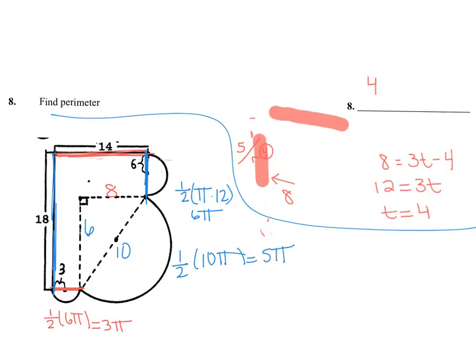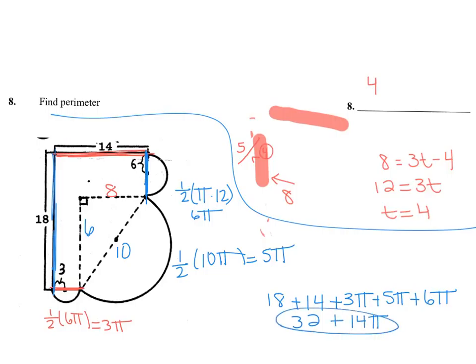Putting this all together, I end up with 18 plus 14 plus 3 pi plus 5 pi plus 6 pi, which comes out to be 32 plus 14 pi. Okay, there you are.